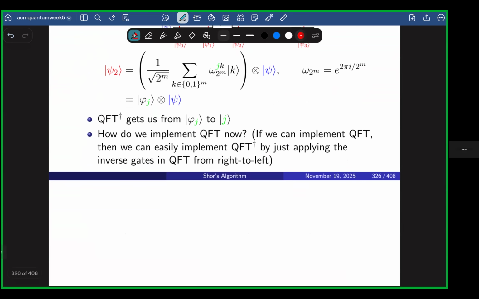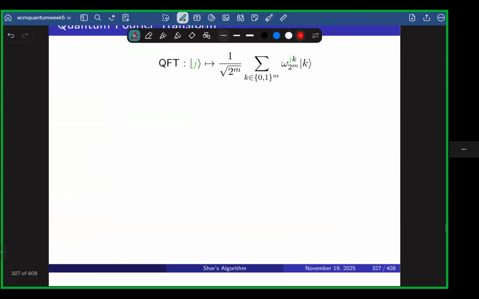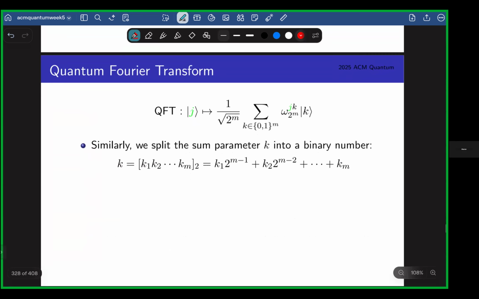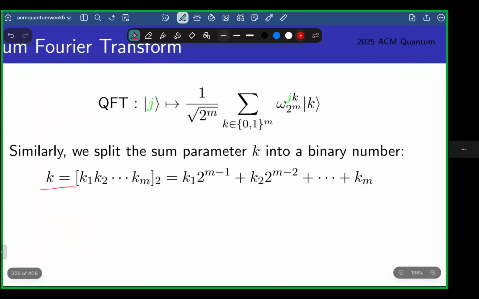Again, this has nothing to do with Shor's, it's just general Q of T. Other algorithms use Q of T as well. Okay, here's the general expression. This is what we said is phi j. Let's take this k parameter and put it in its base 10 form. We're going to do this a lot, by the way.